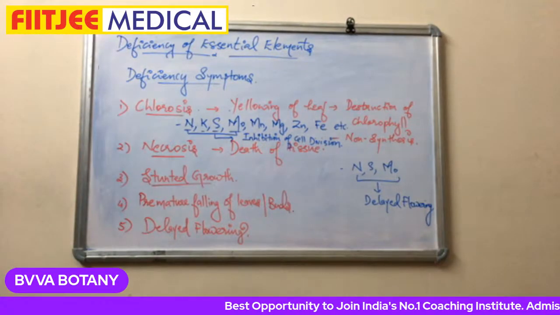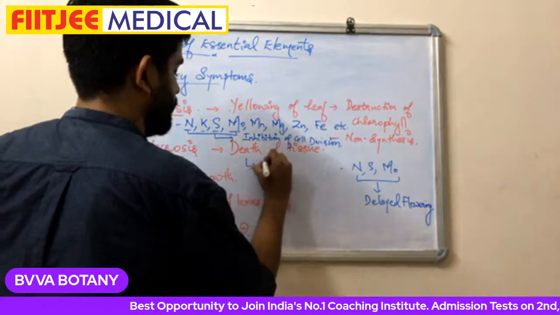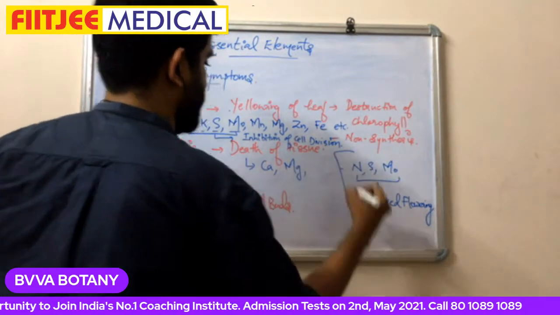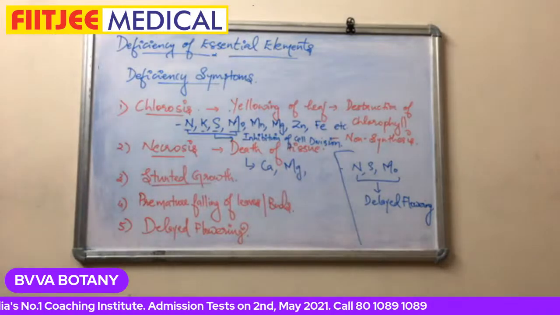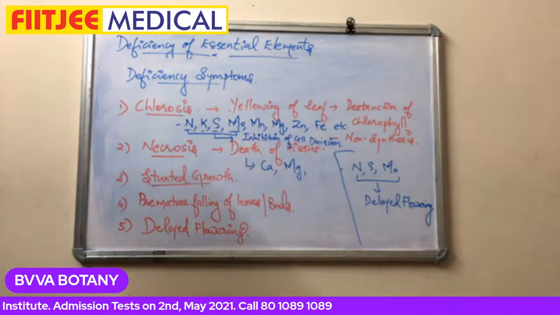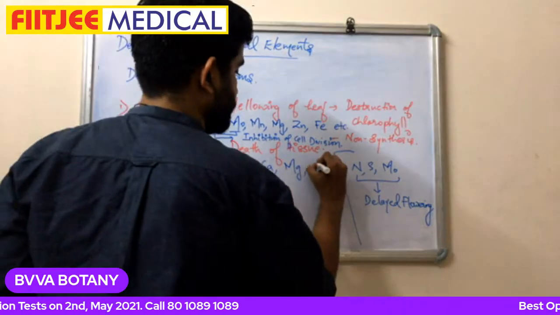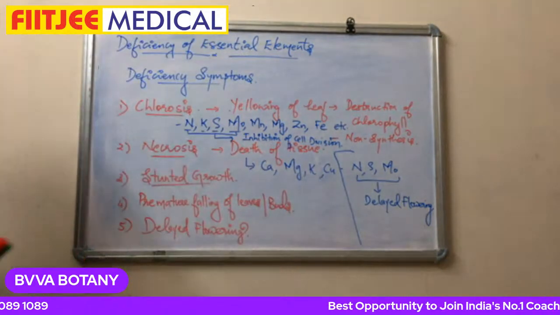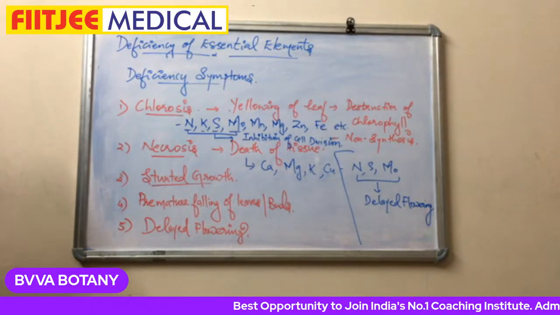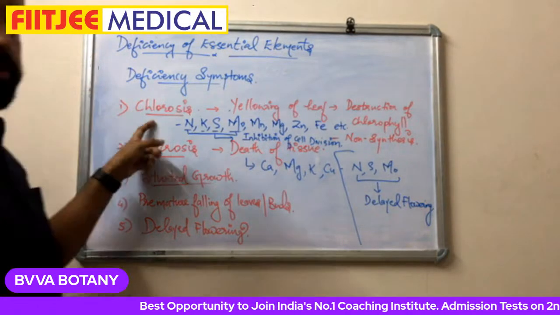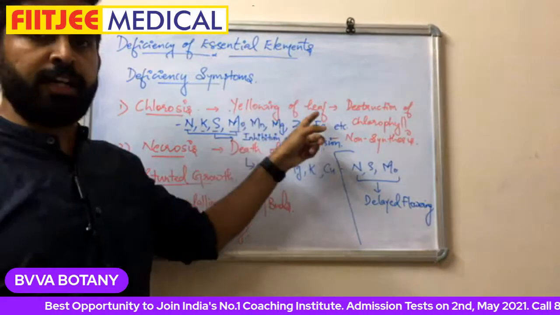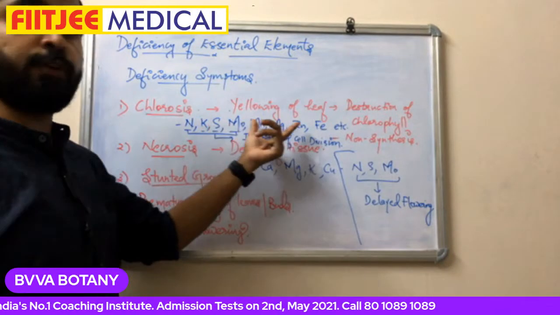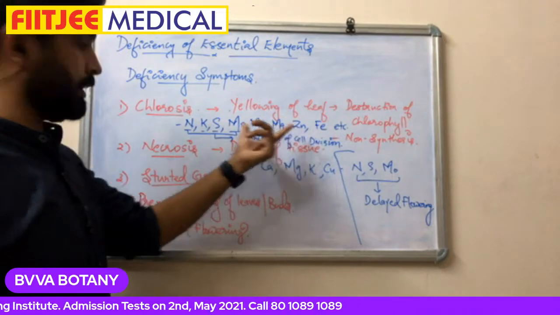Necrosis: calcium, magnesium, potassium, and copper are the elements that cause it. Clear? So some of the deficiency symptoms include chlorosis, which is the yellowing of the leaf, either due to destruction or non-synthesis of chlorophyll, and the elements involved in chlorosis are listed here.